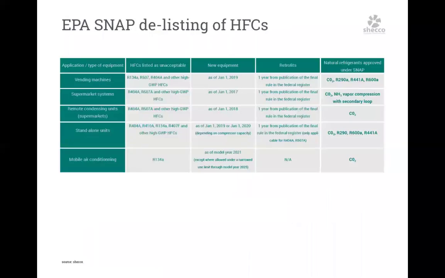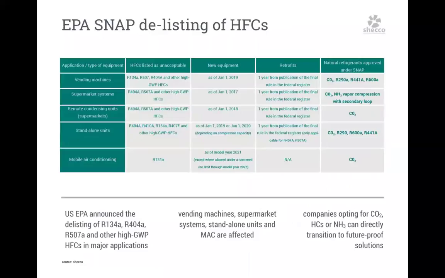This is a table just summarizing the situation for various application sectors. The US Environmental Protection Agency announced the delisting of R404A, R407A, and other high GWP HFCs in some major applications. Among them, vending machines, supermarket systems, standalone units, and mobile air conditioning.